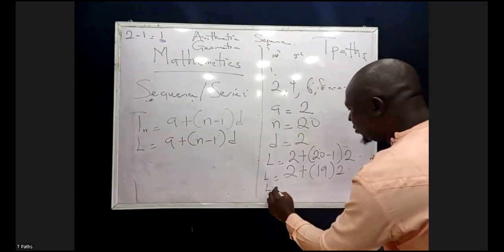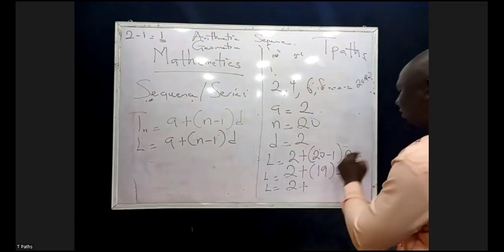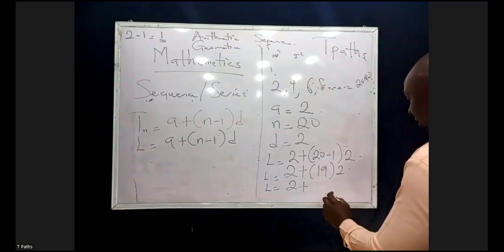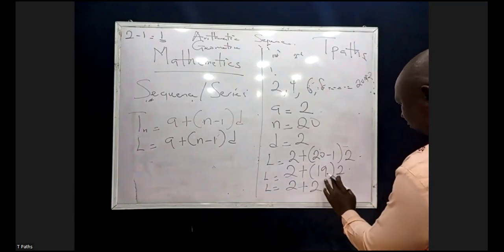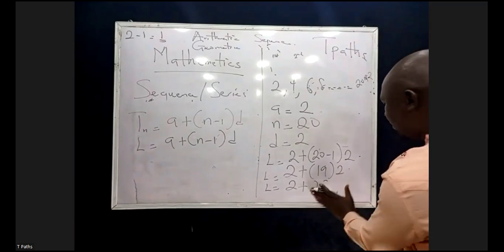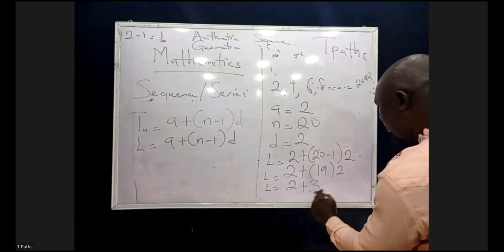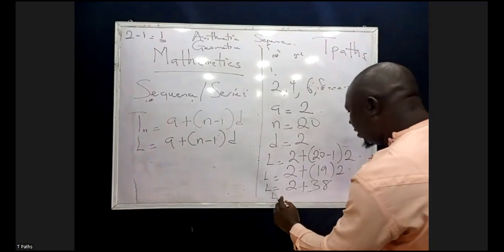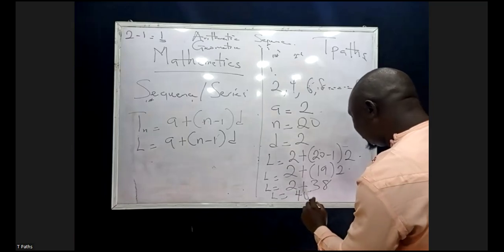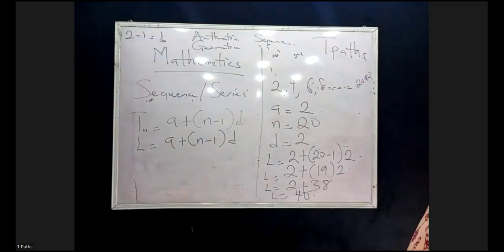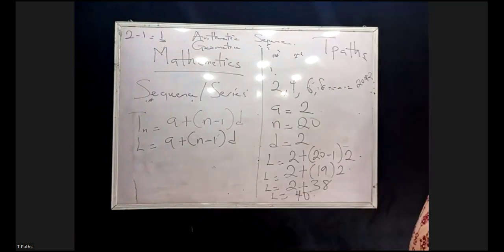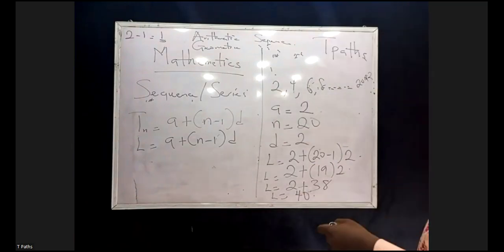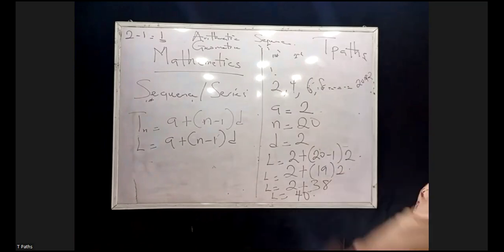So your L is what? 2 plus what? 19 times 2 is, I think, 28, if I'm right. Okay, 38, sorry. 38. Now, your L is 40. Which means that if you continue this series, at your 20th term you're going to get 40.